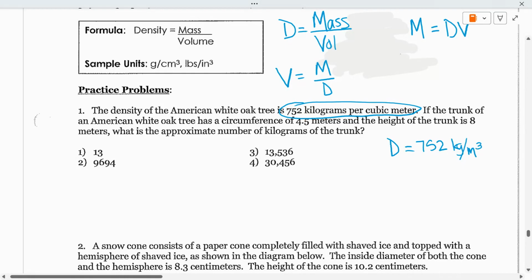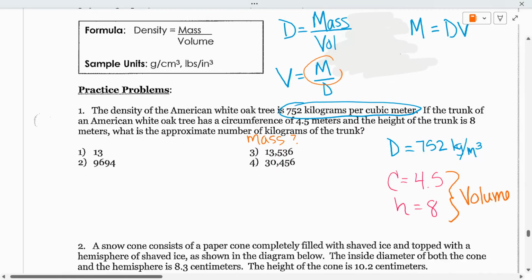If the trunk has a circumference of 4.5 meters and a height of 8, what is the number of kilograms? Meaning, what is the density? Or what is the volume? No, sorry. What is the mass? This is what's asking. What is the mass? Question mark.